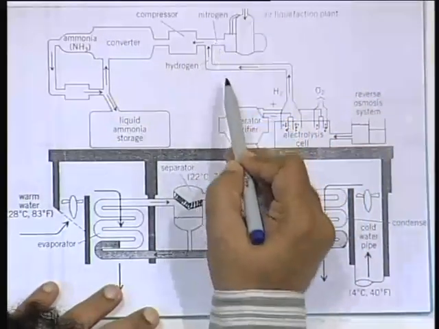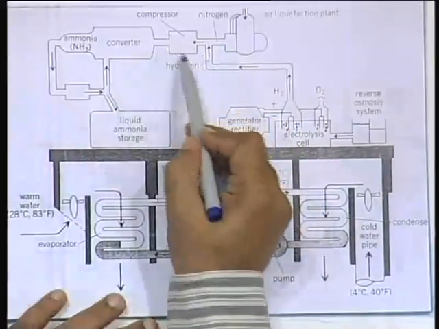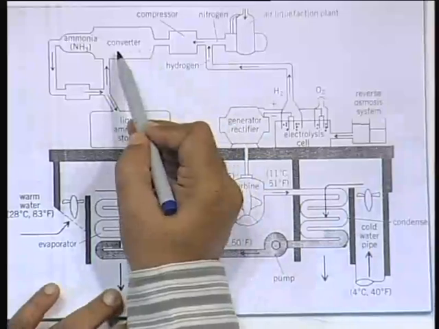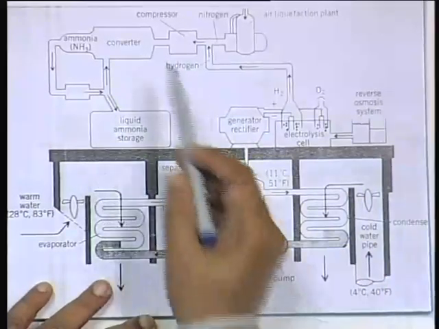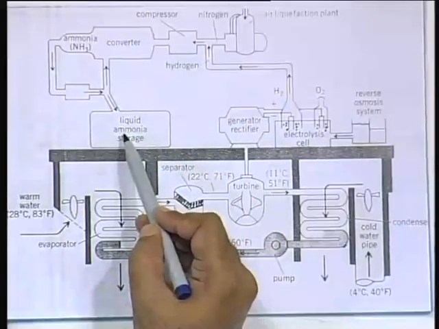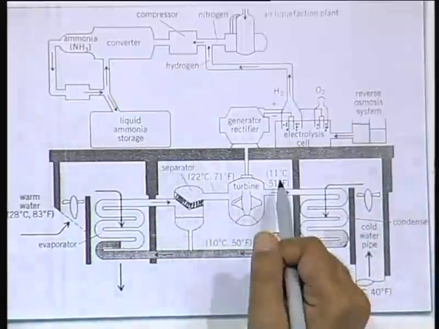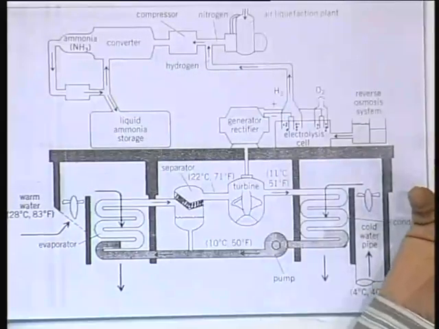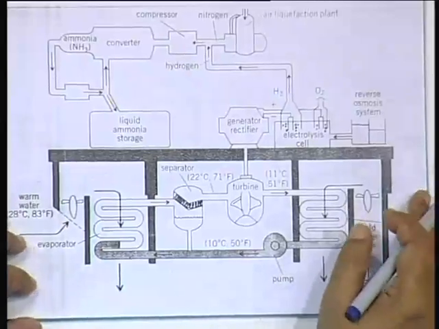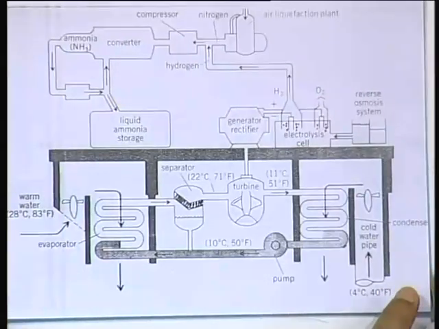So, you have nitrogen here, and nitrogen and hydrogen are mixed together, that is compressed to a high pressure, and then there has to be a catalytic converter which produces the ammonia, and the ammonia is then liquefied and stored, and finally once a week you can have a ship going to the shore taking the ammonia out. That can be used to produce urea and stuff like that. So, this is a concept that is highly feasible.